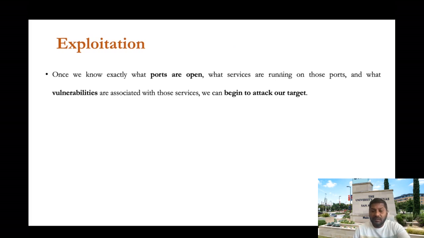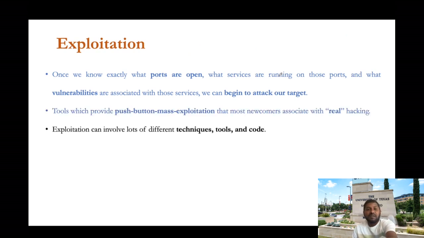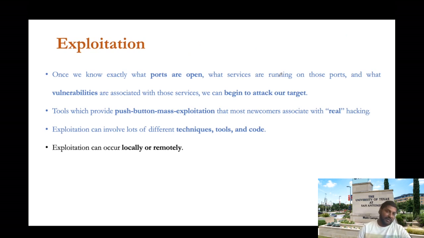These are the tools which provide the push-button mass exploitation that most newcomers associate with real hackers. This exploitation can involve lots of different techniques, tools, and code to exploit the target, and the exploitation can occur locally or remotely.